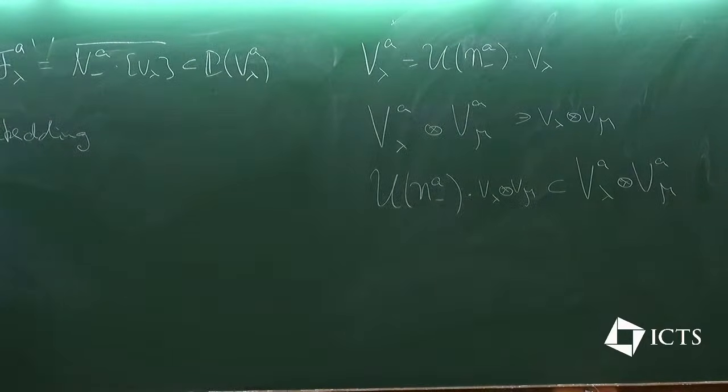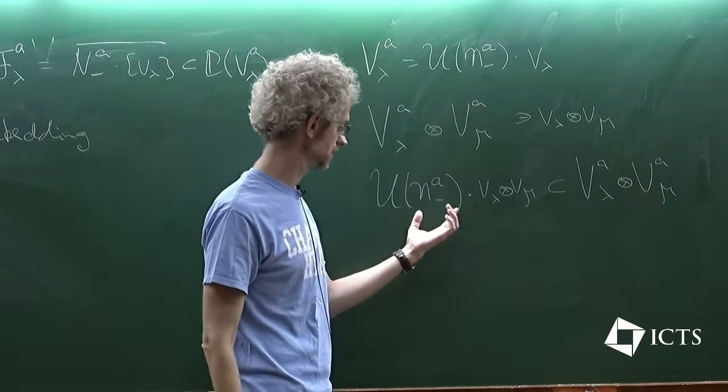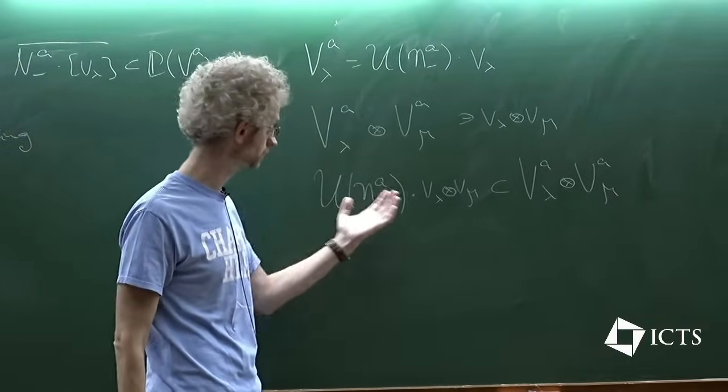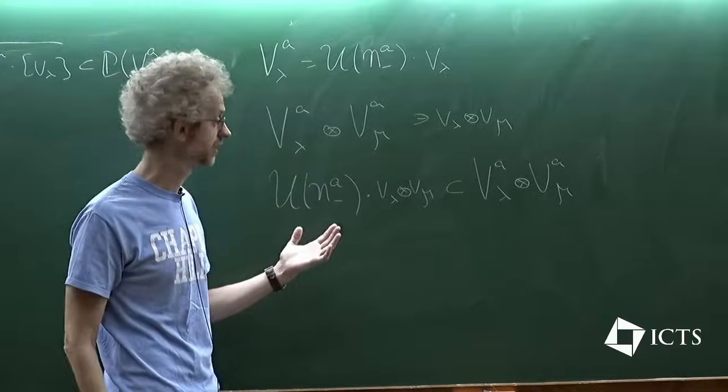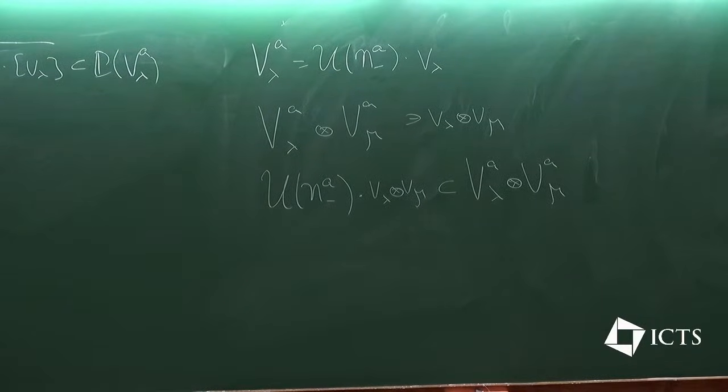Okay, so now what we are doing is playing the same game, taking the operators, which are now commutative, and applying them to this tensor product. Right? We don't have any highest weight theory anymore, so we can't guarantee anything.